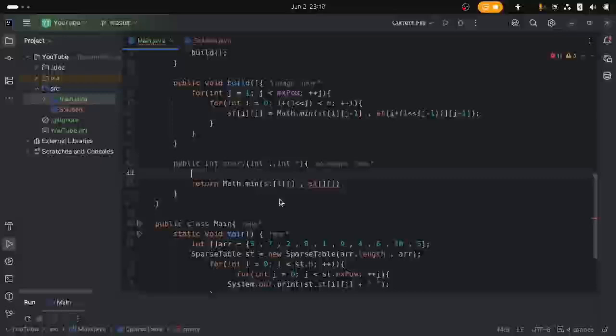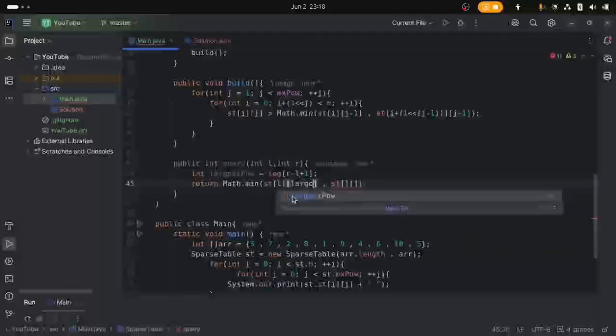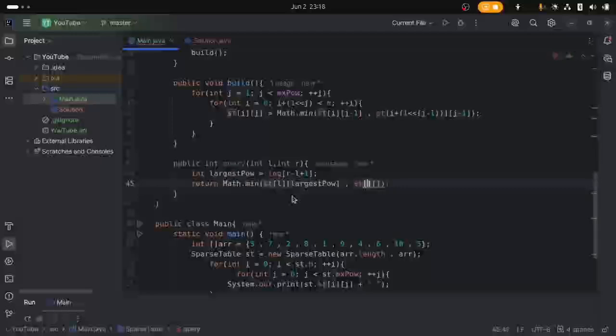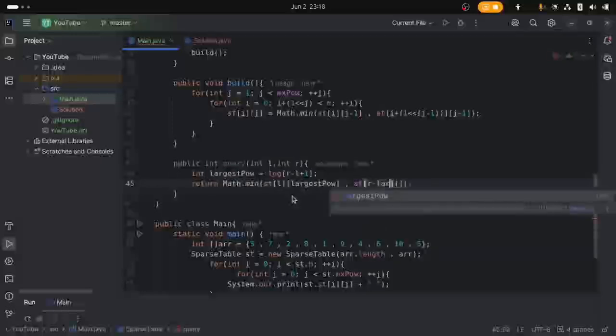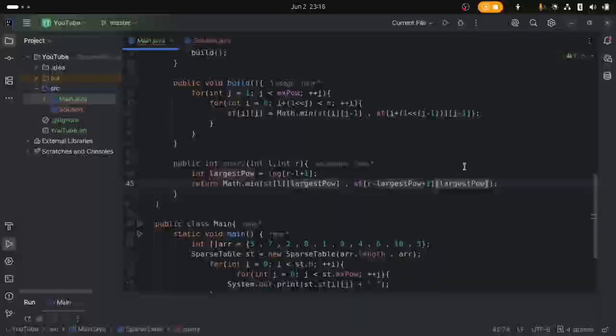Now what is the largest power of 2? Integer largest power equals log of the length of our segment, r minus l plus 1. So this is the largest power of 2 which will fit. So just simply write your largest power. Now for r we need to come that many terms behind. That's it.